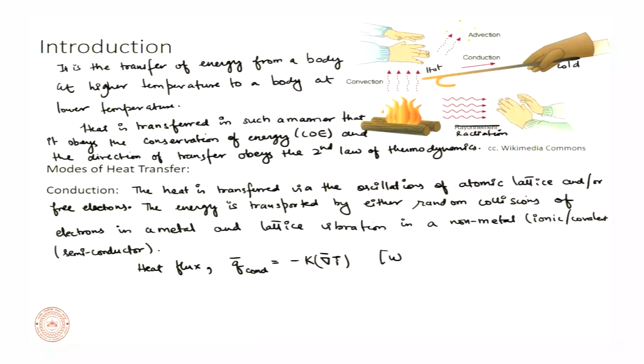The unit is watt per meter squared. k is the thermal conductivity. Some people also write this as k subscript th to indicate thermal conductivity, because k can also be used for other things. For example, for ionic conductivity, kappa or k is used. So in this case, k is thermal conductivity. The unit for this is watt per meter Kelvin.